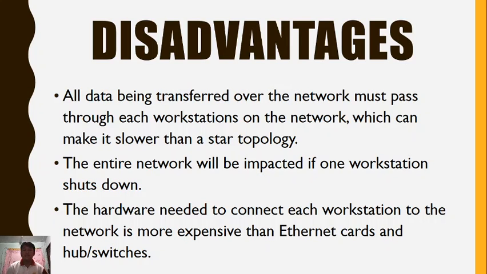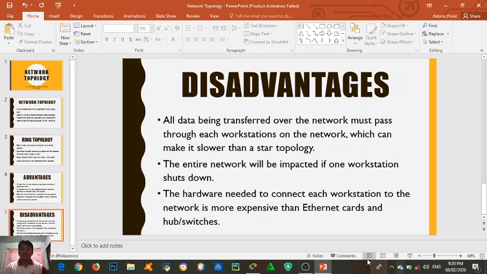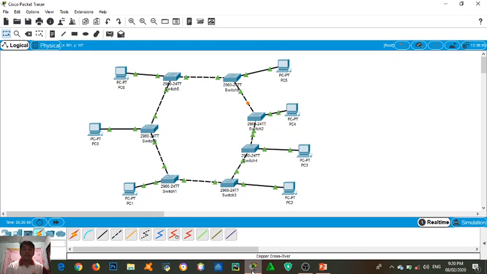So for today I'm going to show you how to do this kind of topology. So this is what the ring topology looks like. I've done it a while ago, but for the sake of knowing how to do it, I'm gonna repeat it, and I just want to show you what a ring topology looks like.